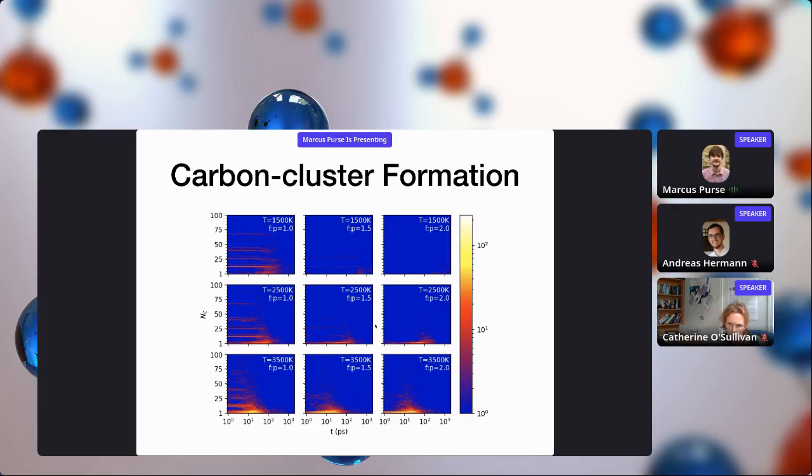The other thing you can notice is that ring openings, which are leading to fragmentation, are more apparent at higher temperatures, because you get more of a continuum of cluster sizes. And then you see that most of the clusters are disappearing as they all combine back together towards the end of the simulation. Most of the activity seems to occur within about the first 100 picoseconds.